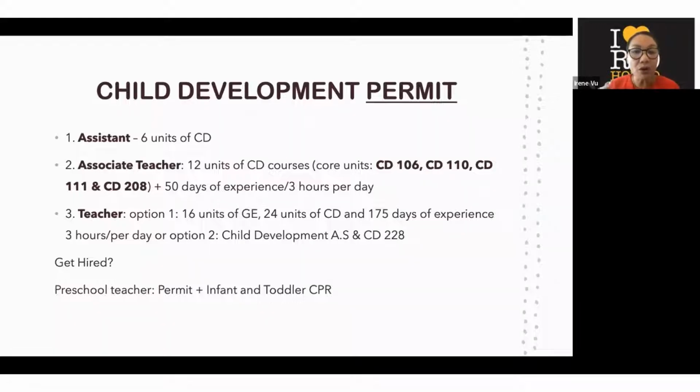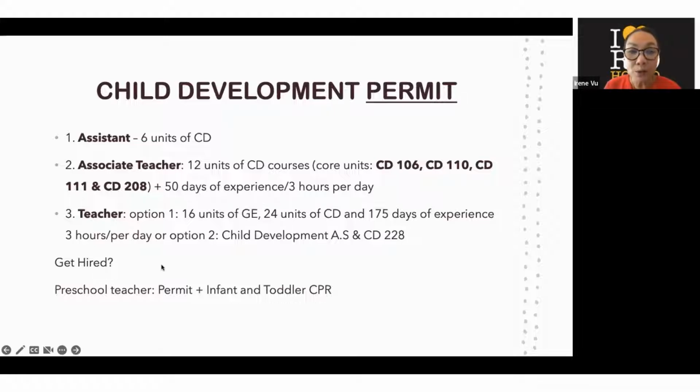So the teacher will implement all the curriculums. And as an associate teacher, you assist the teacher in running the classroom. So that's what it is. That's associate teacher, you help the teacher. You can start with 12 units in child development and 50 days of experience, then you can apply as associate teacher.